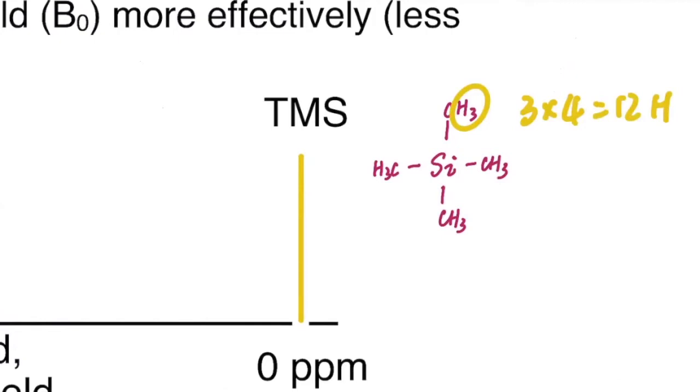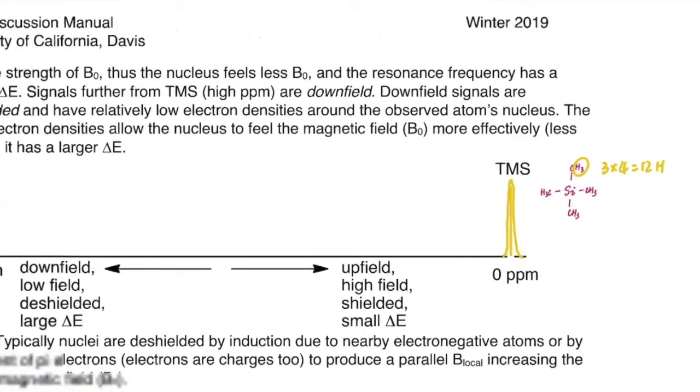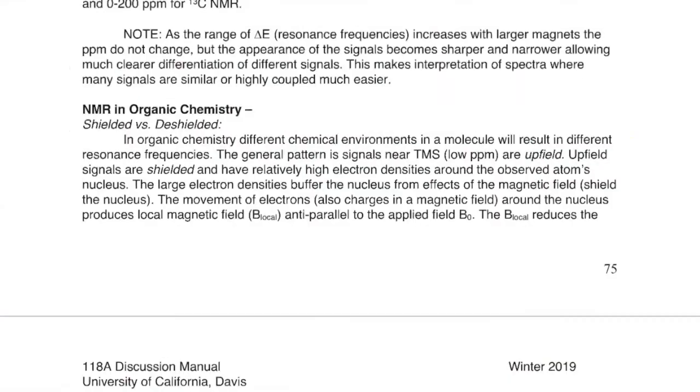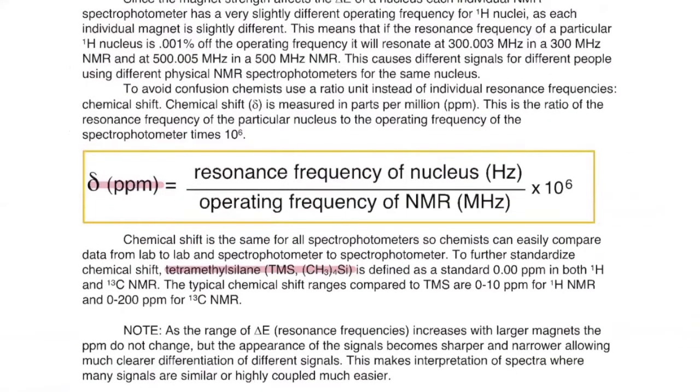And later in our discussion, we're going to talk about what chemical equivalence is. Just for your information now, all those 12 hydrogens are chemically equivalent, which means this peak is going to be really sharp and clear. Another reason for choosing TMS as the standard: we just manually decide this is our standard of 0.